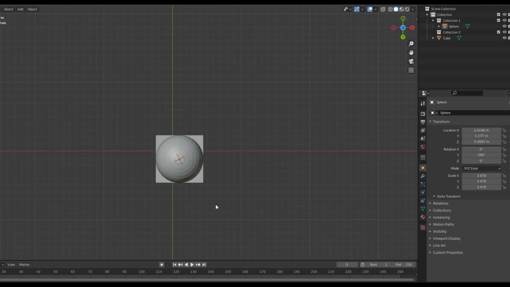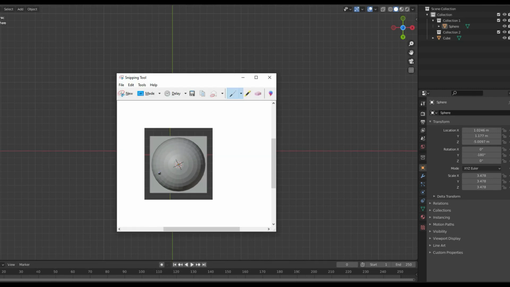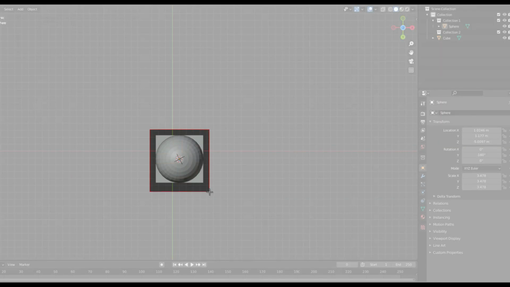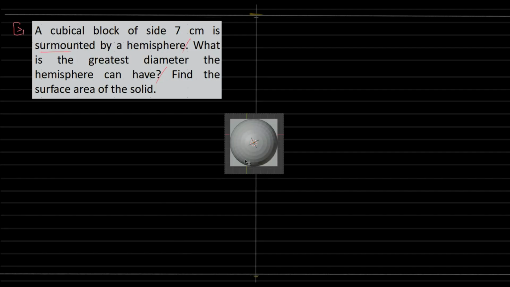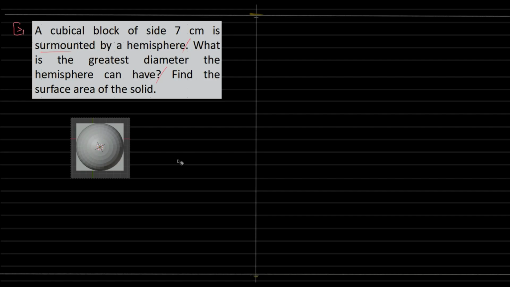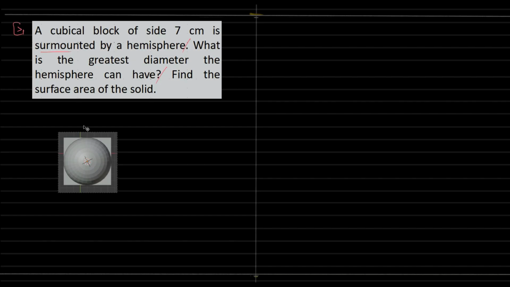And yes, done. This is an exact diagram of what we wanted. They want us to find the diameter of this maximum possible size. Again, we can make it small or very big, but surmounted means you have to do it in this manner.